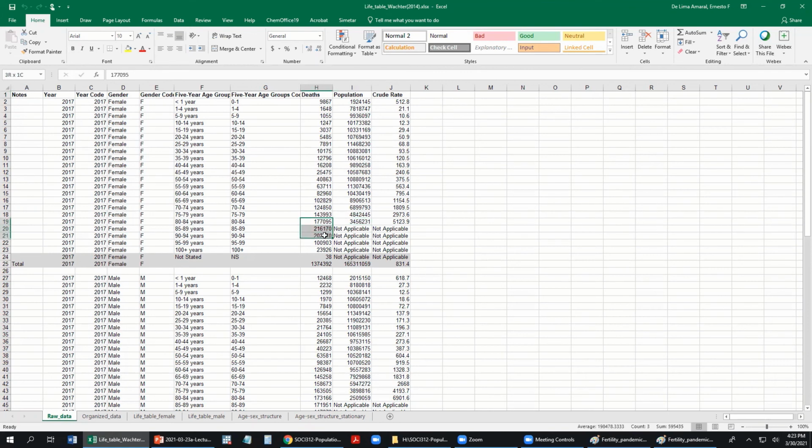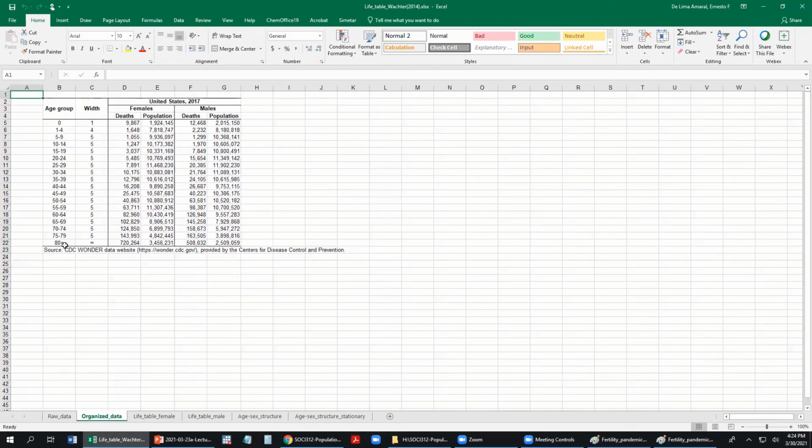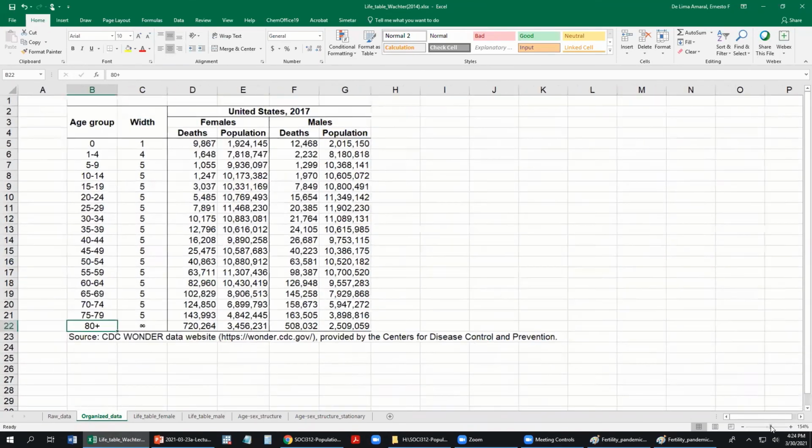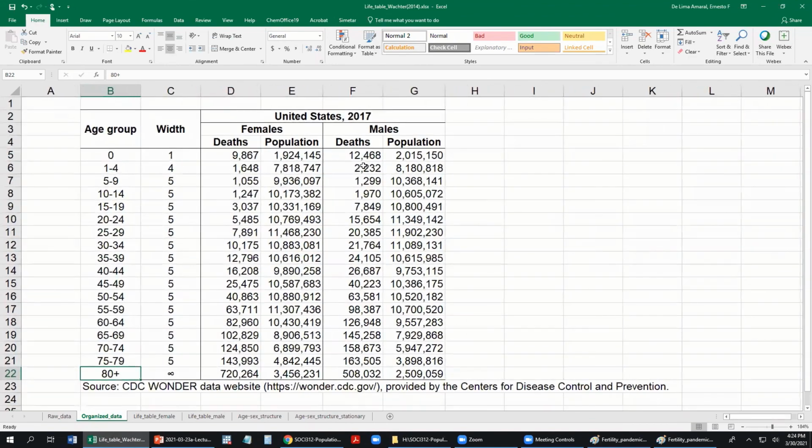So these deaths, I added them all and I put them in the 80 plus group, right? So I just got this raw data and organized it. And I did it 80 plus. So this data here is pretty much the data that I got from the CDC in 2017 for women and men, deaths, and population. Here I calculate a life table for women, life table for men.